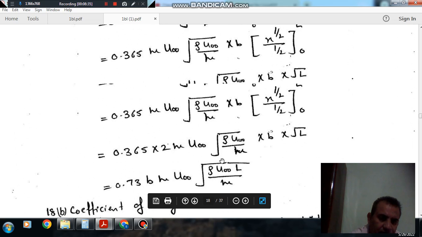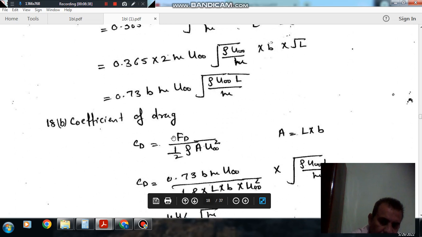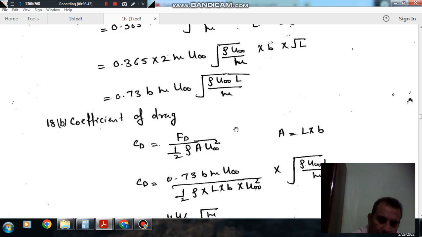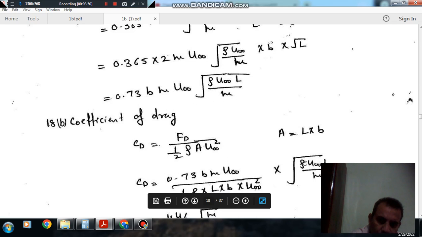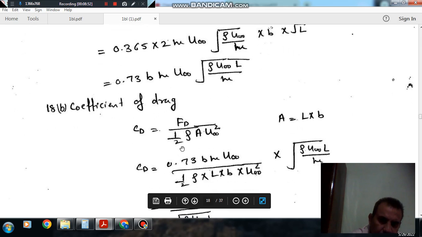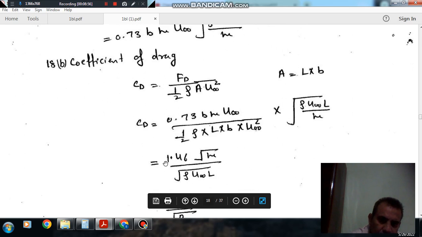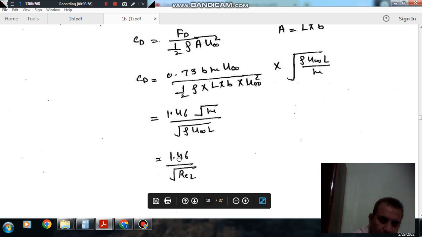Next is coefficient of drag. The coefficient of drag is nothing but Fd by half rho A u square. Fd we have calculated, that is 0.73 b mu u infinity times this, and A is L into b. So CD is 1.46.